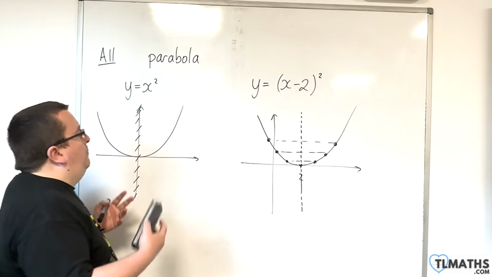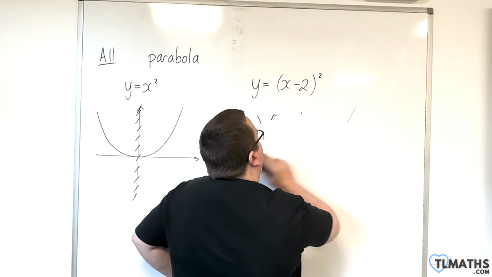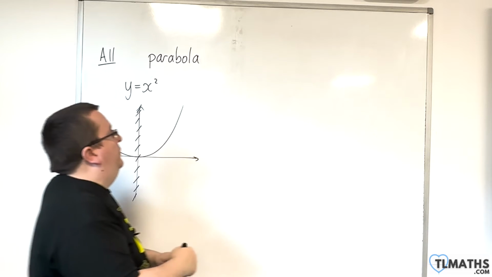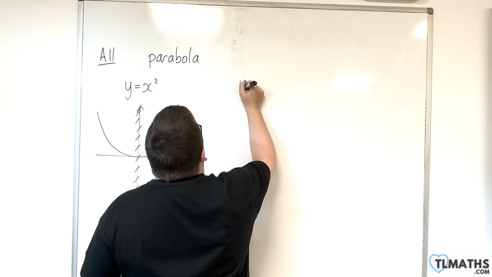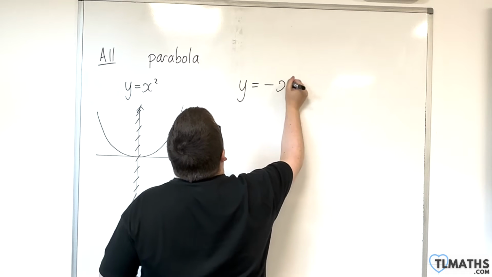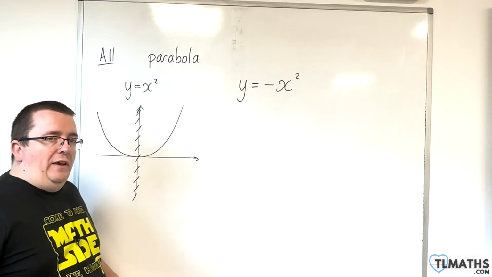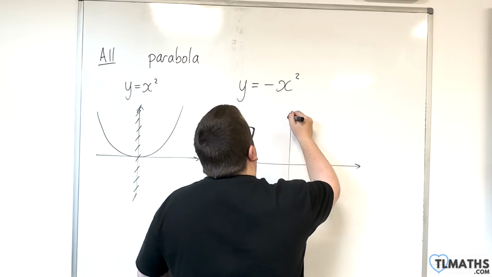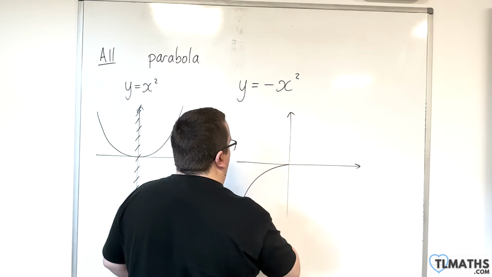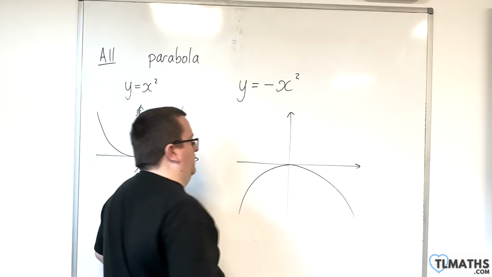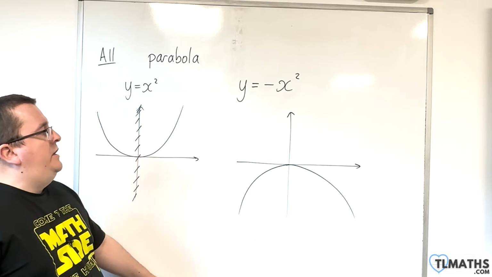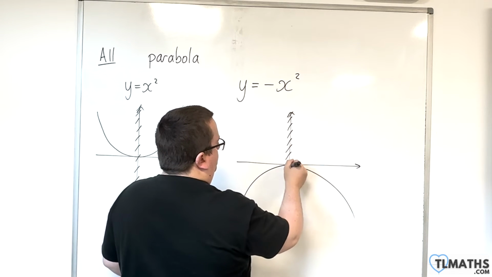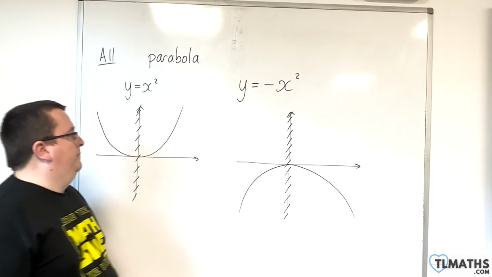So these parabolas don't always have to be that way up. So if I was to put a minus sign in front, so let's say we had y equals minus x squared, then this curve looks like this. Now you can see that it still has the y-axis as a mirror line, okay?